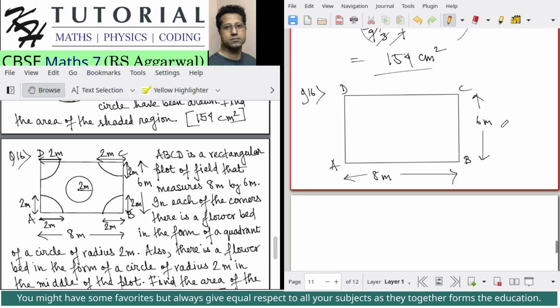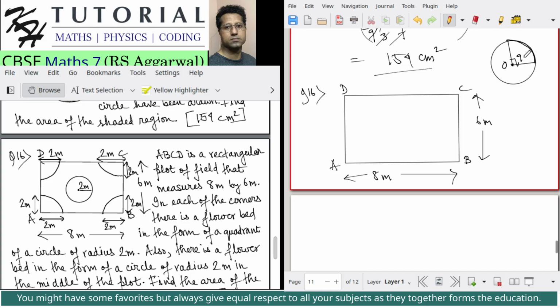In each of the corners there is a flower bed in the form of a quadrant. Now remember, a quadrant of a circle means a sector of a circle making an angle of 90 degree at the center. If you have a circle, a quadrant is nothing but a sector that makes 90 degree. This is the center O. It will make 90 degree at the center. This is the arc of the sector.